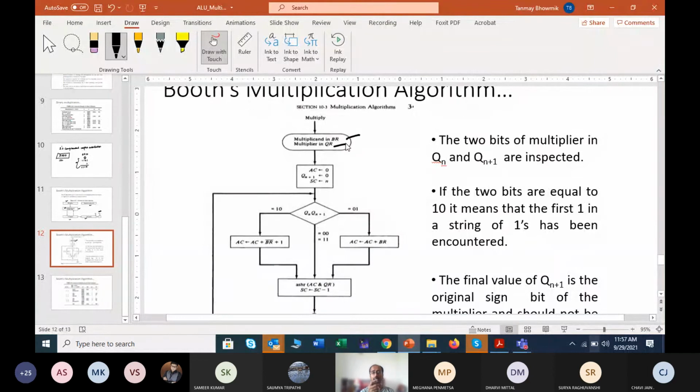And then when you are moving in advanced level, first we should initialize our AC as 0, where we will store our partial products. And then this extra bit we have considered in this case, that is Qn plus 1, is also 0 initially.